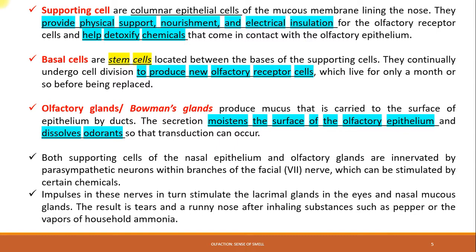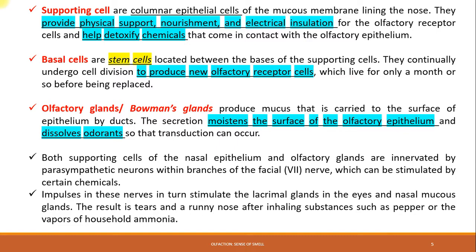So what are the different functions of the supporting cell? First is to provide physical support, then second is to provide nutrition or nourishment, then third is to provide electrical insulation to the olfactory receptor cell, and the fourth is to help detoxify chemicals.